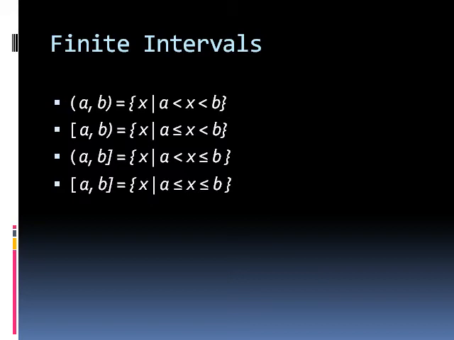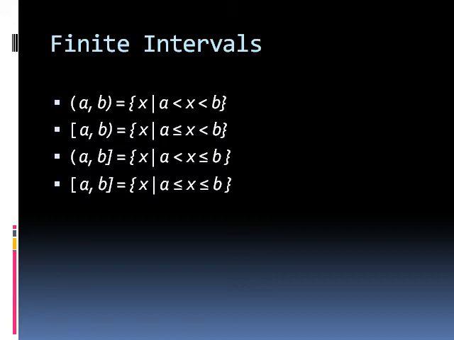With the circular bracket, the ones that are not squared, it means the range does not cover those values, which in this case are a and b, but it covers all of the values in between.